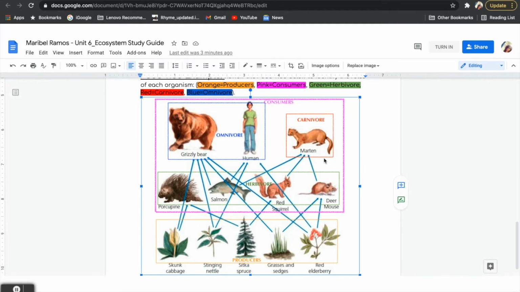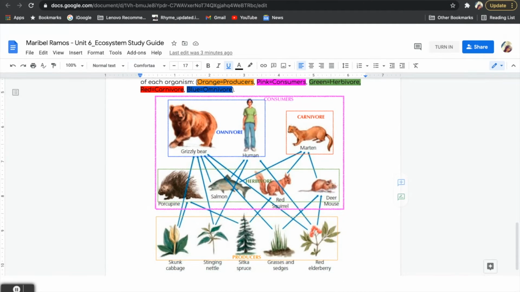Let's take a close look at producers. Can you share on Edpuzzle an example of a producer on our food web? Thank you for sharing your thinking. If you said skunk cabbage, the stinging nettle, the Sitka spruce, grasses, or red elderberry, that is correct.